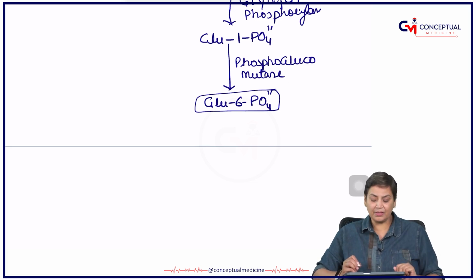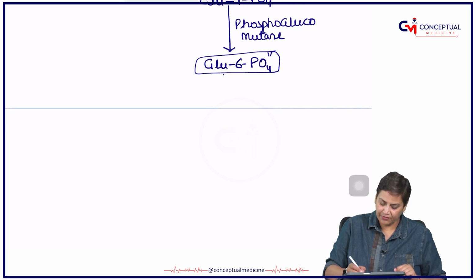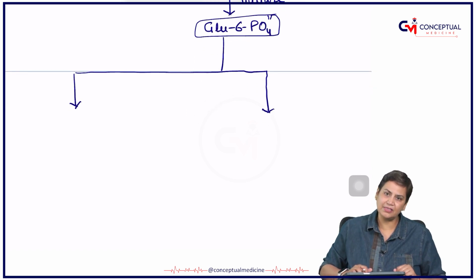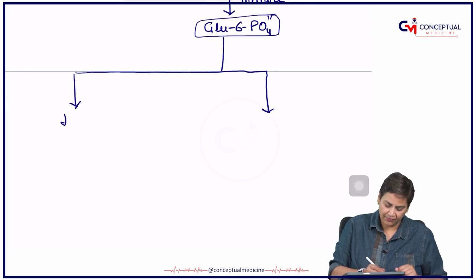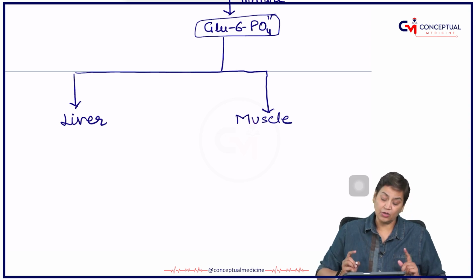Now what will happen? This glucose 6-phosphate will have altogether a different fate in the liver as well as the muscle. So what happens in the liver and what happens in the muscle? Glucose 6-phosphate has to give up its phosphate now.